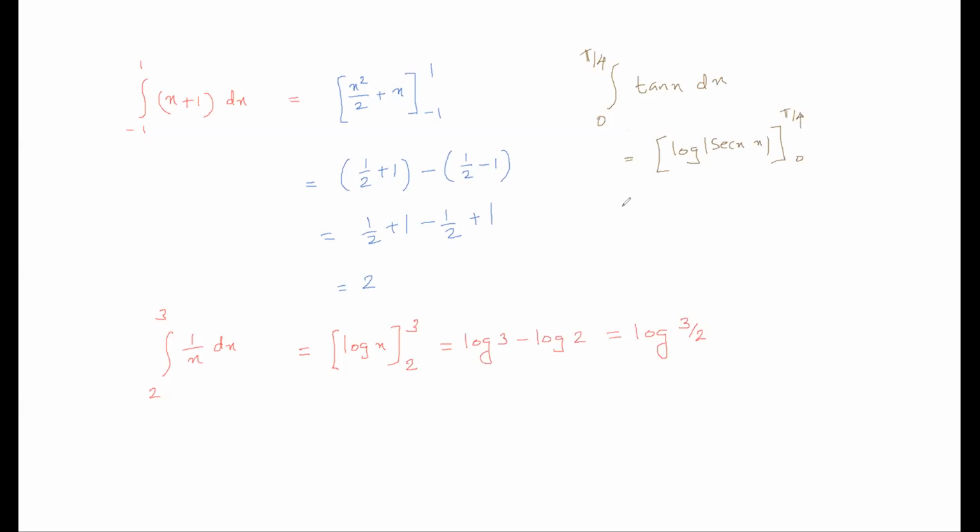Now give the upper limit: log secant pi by 4, minus the lower limit, log secant 0. Secant pi by 4 is root 2, minus log secant 0. What is the value of secant 0?